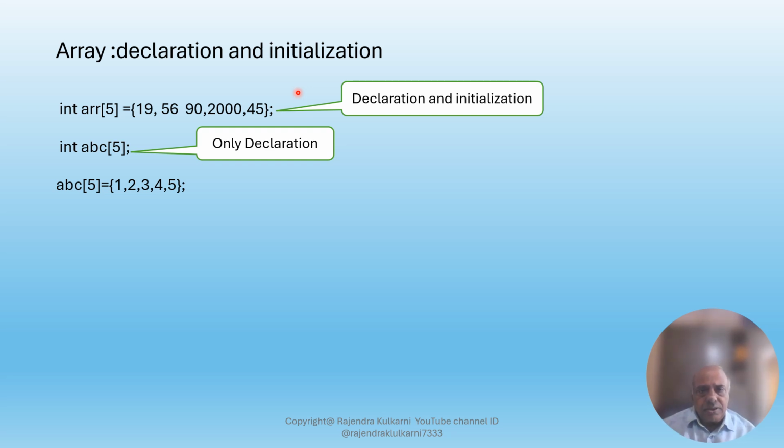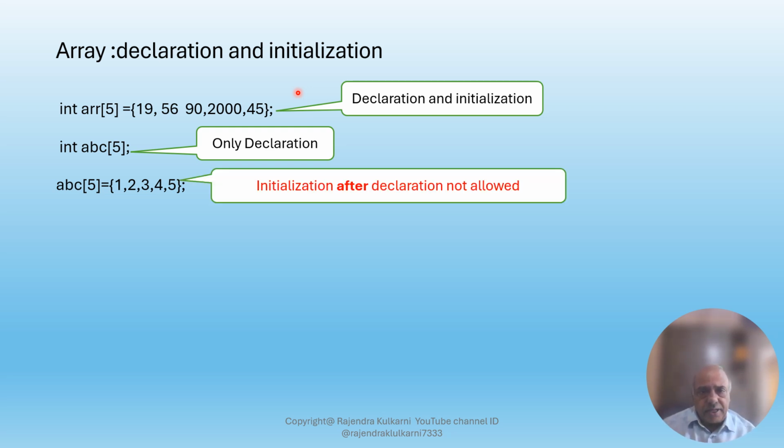The initialization abc[5] = 1 2 3 4 5 is not allowed. This will flag an error, because an array can be initialized only when it is declared, in this fashion, by assigning values to it.